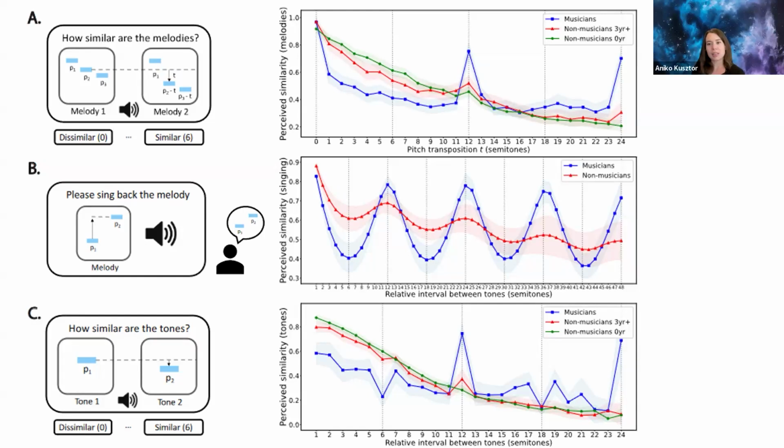Well, I think this is related to a quote in the paper, where they say that the population and task dependency effects, or these variances, support the idea that pitch perception is processed in higher order brain areas.